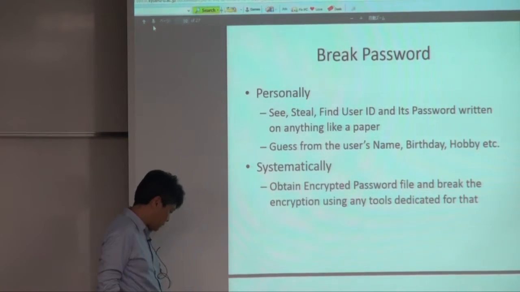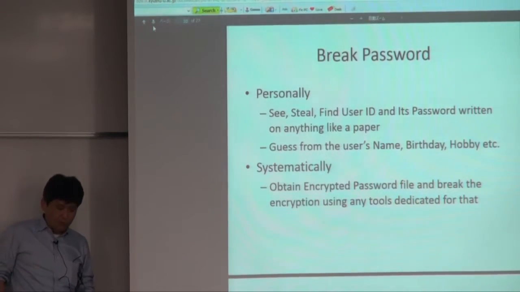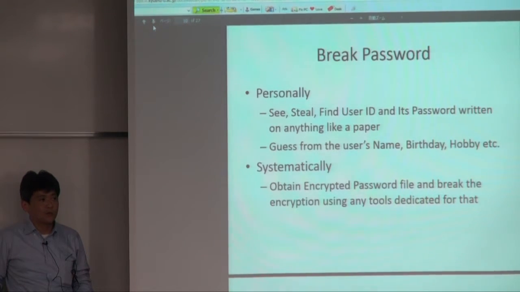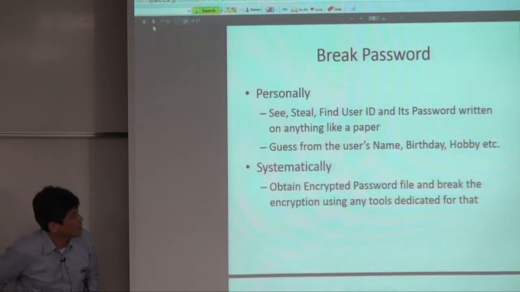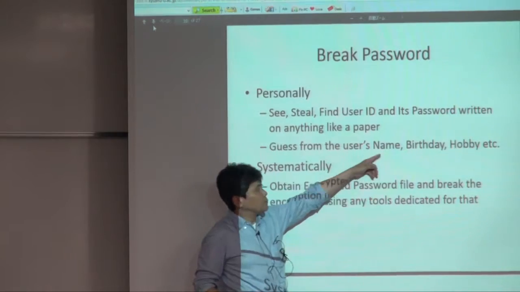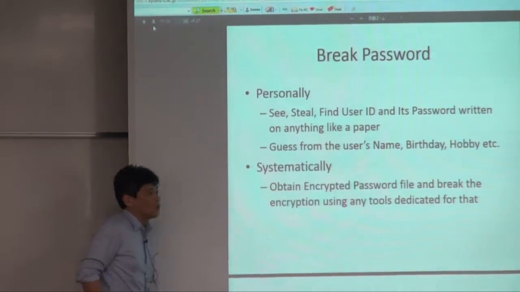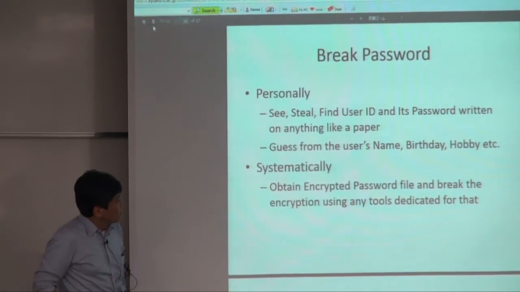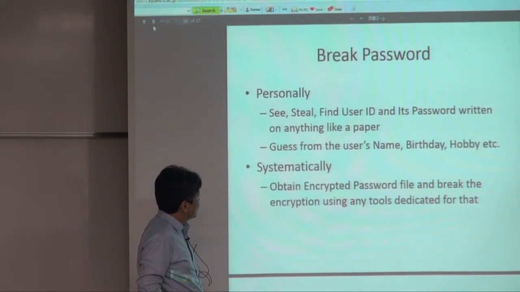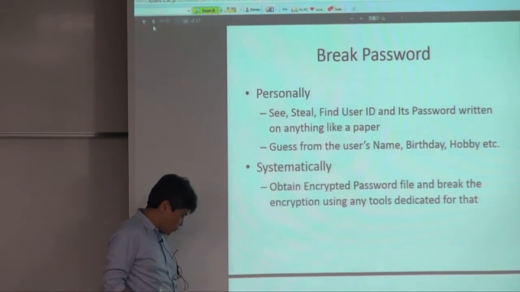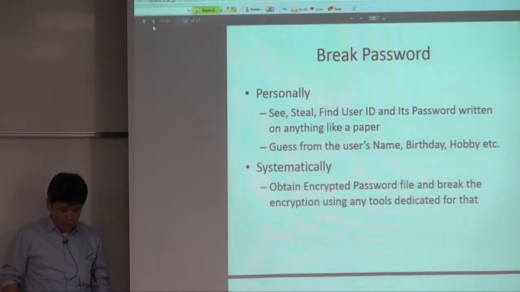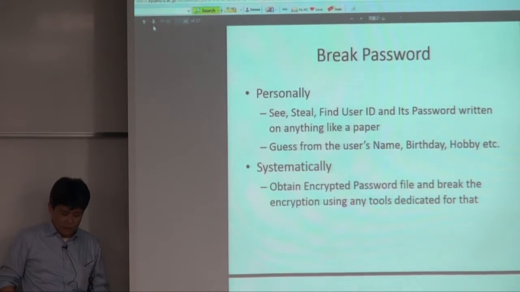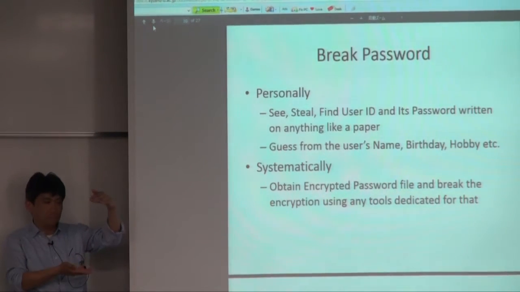And sometimes the bad person wants to guess your password from your personal information, like your name, the birthday, the hobby, the telephone number, the credit number, and so on. So usually your password is managed as a certain file, the password file.